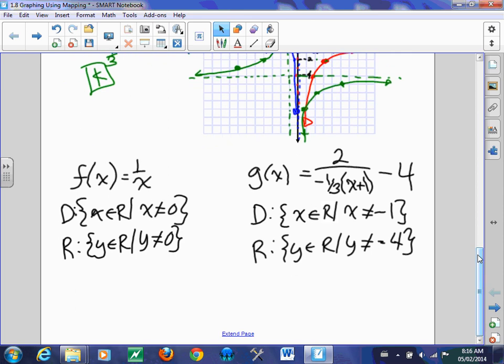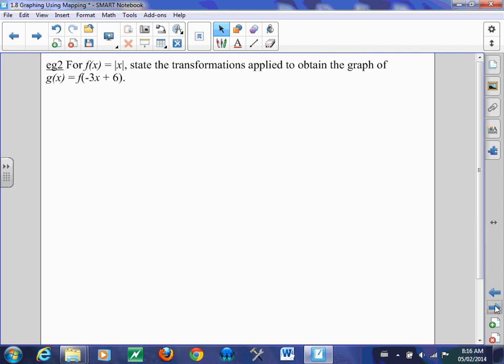All right, let's take a look at a different aspect, ladies and gentlemen. You'll be trying some of these for homework, and hopefully you get a good grasp of it. But here we go. Try a different arrangement here, ladies and gentlemen. So it says for f of x equaling the absolute value of x, so it's telling us it's the absolute value parent function.